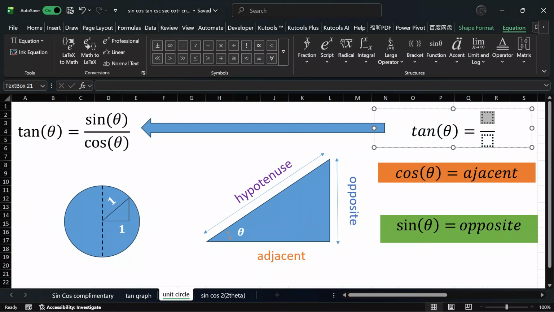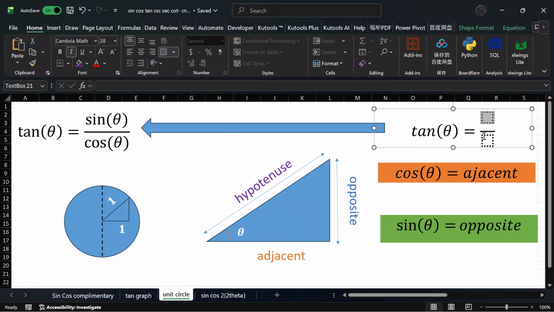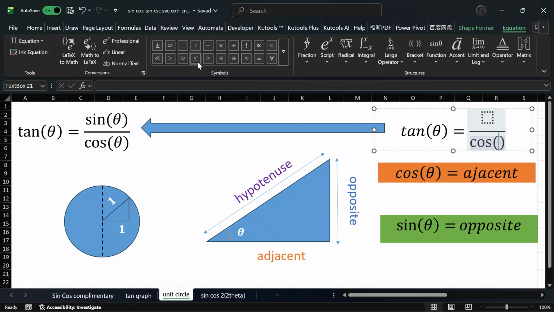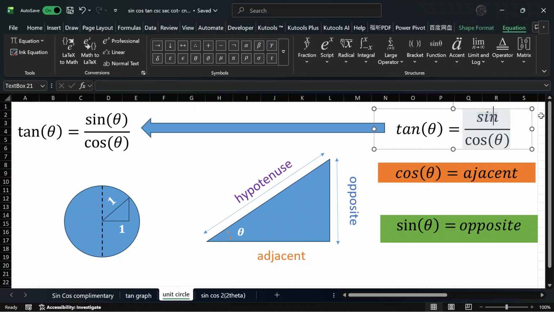The tangent originally is just the opposite over adjacent, so like this, and then since we replace it, we can put some stuff inside it. This of course is cosine theta, and this one is sine theta.